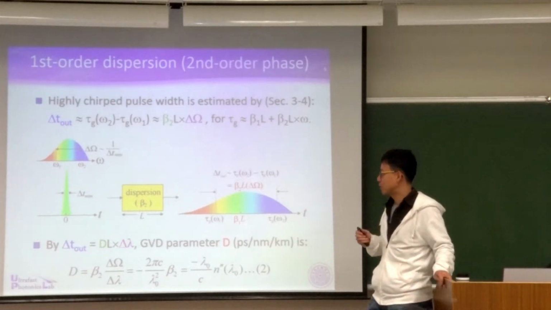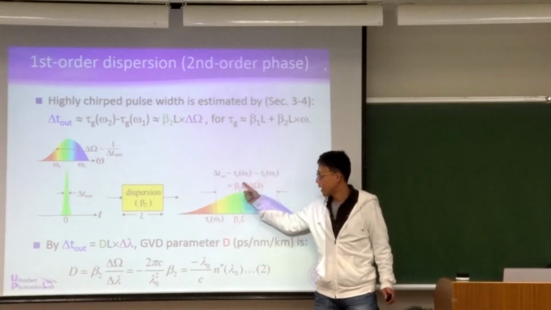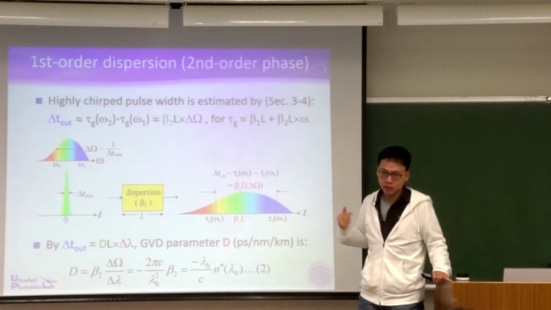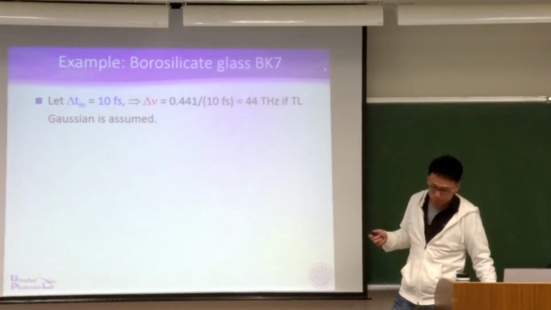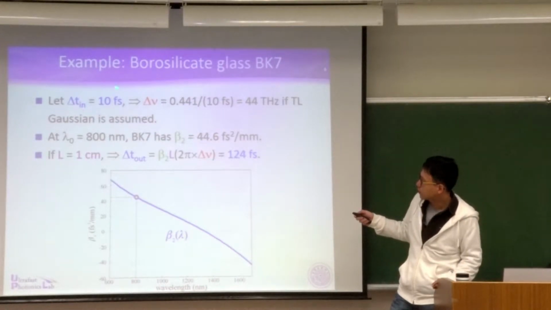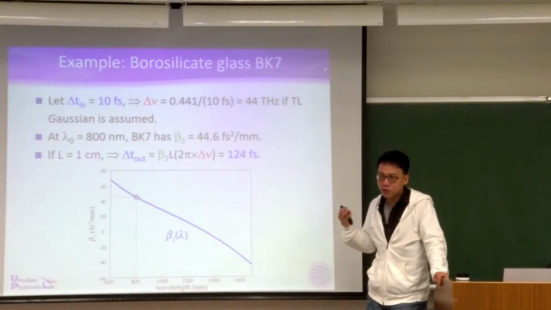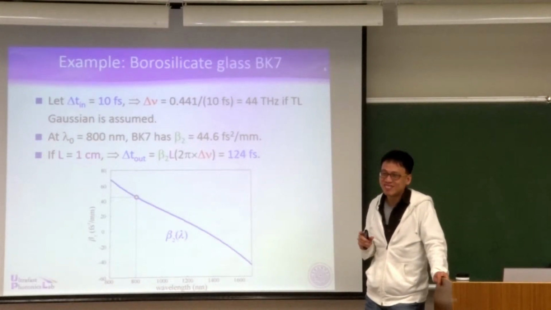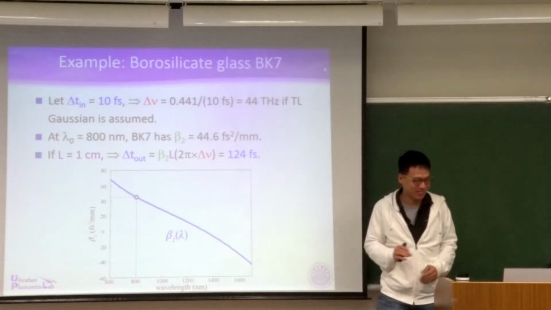Okay, so be careful. This picture only applies when the expected pulse duration is already significantly broader than the input pulse. So in our example, this is okay. Input just 10, output 124. So the formula should be accurate. But if it's only 12.4, it's controversial. On the verge of validity. If it is 1.24, no way. It's impossible.